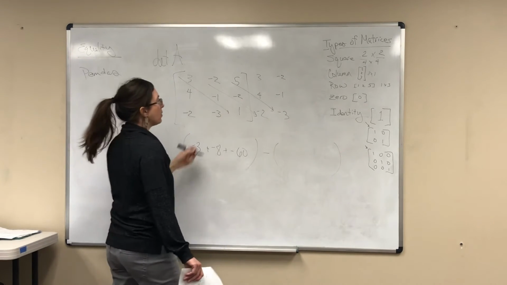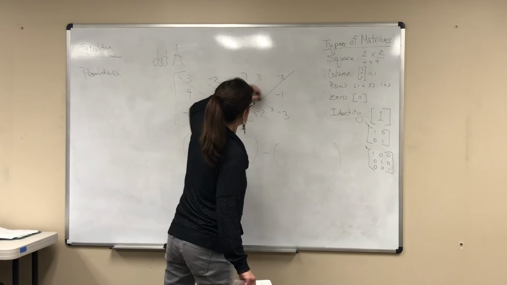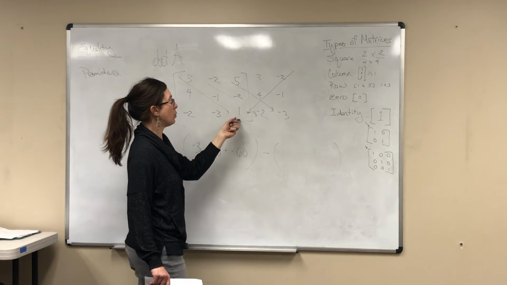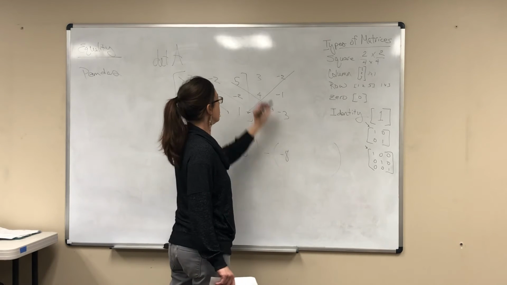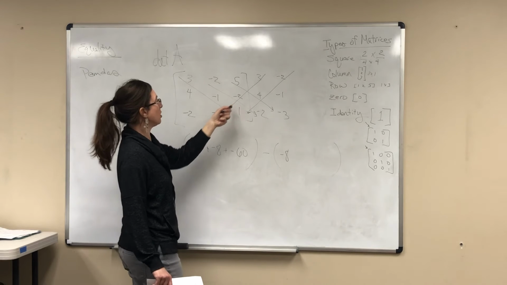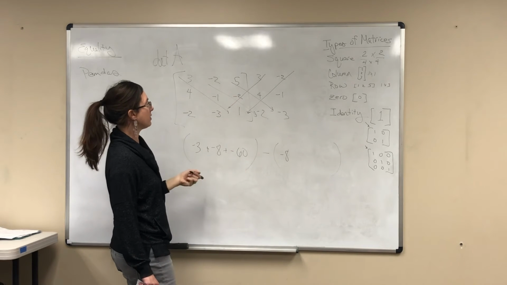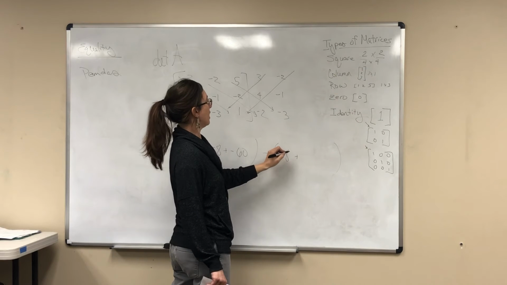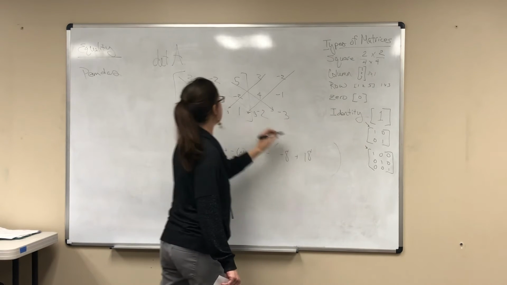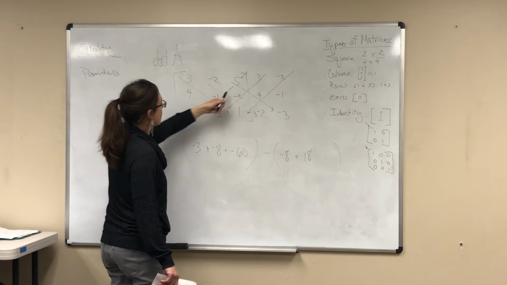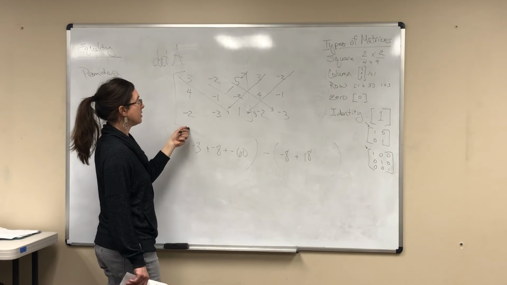Now we're going to take away the ones coming backwards. We're going to work our way backwards. Negative 2 times 4 times 1. Negative 8. Negative 3 times negative 2, 3 times negative 2 times negative 3, 6, 18. Excellent. And the last one, 5, 1, and 2, 10.